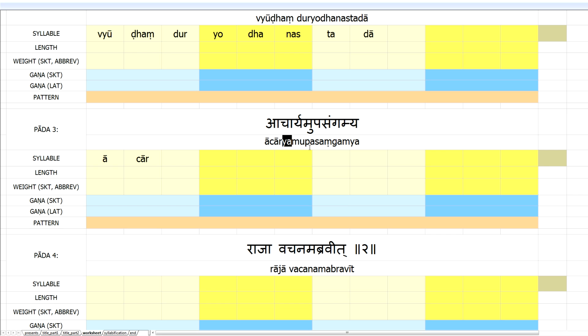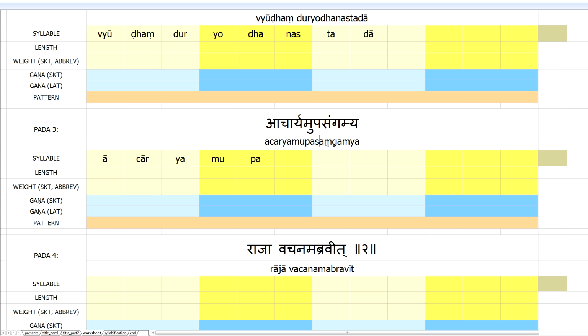We have a single m in between the a and the u, so the m moves to the right and leaves us with y. And we have a single p which moves to the right, and we have a single s which moves to the right.